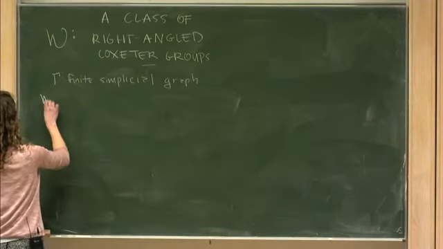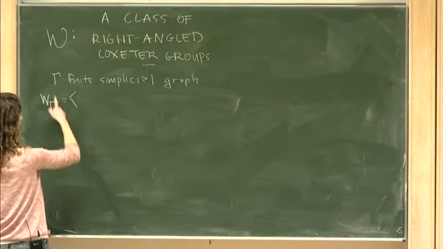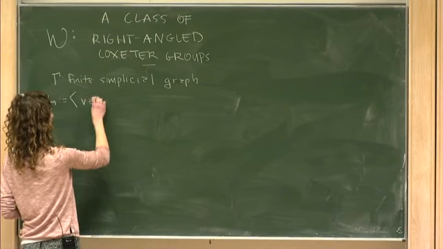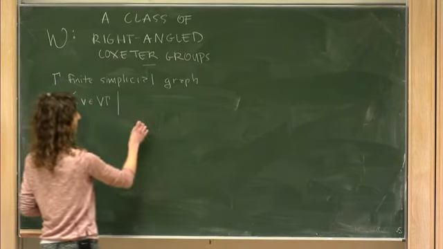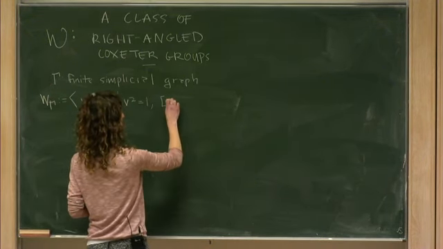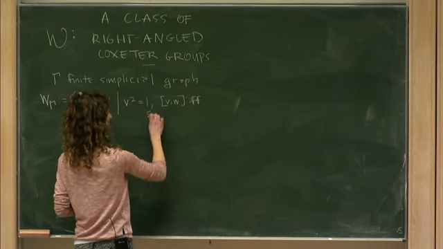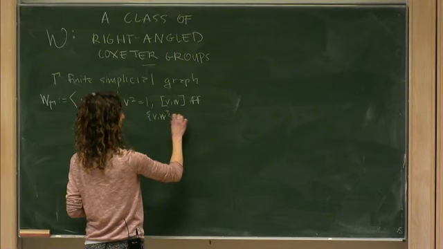And W gamma is the right-angled Coxeter group with defining graph gamma, which has one generator for every vertex in the graph. Every generator has order 2, and two generators commute if and only if the vertices are contained in an edge of the graph.